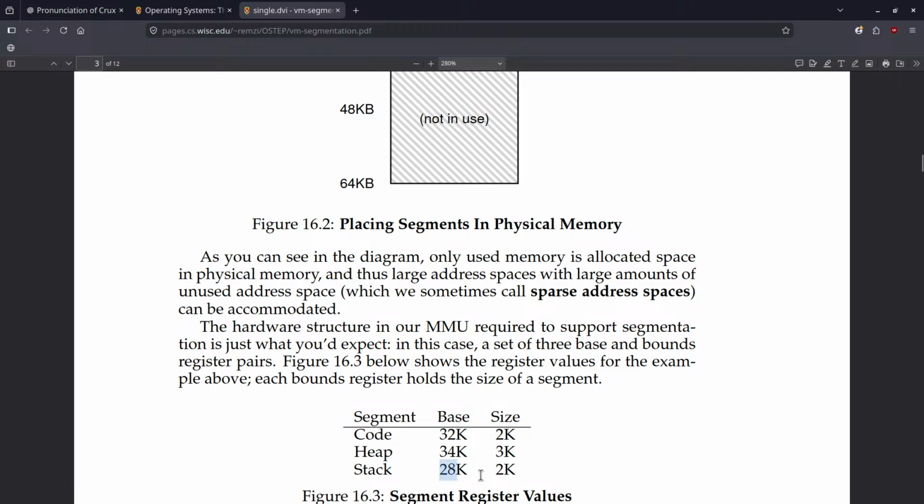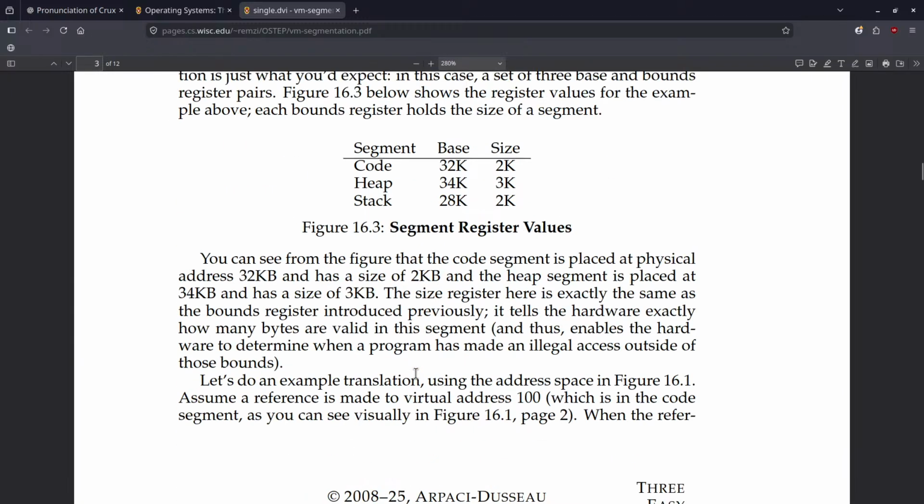Okay, makes sense. You can see from the figure that the code segment is placed at physical address... size. Okay. It tells the hardware exactly how many bytes are valid in the segment. Let's do an example translation.